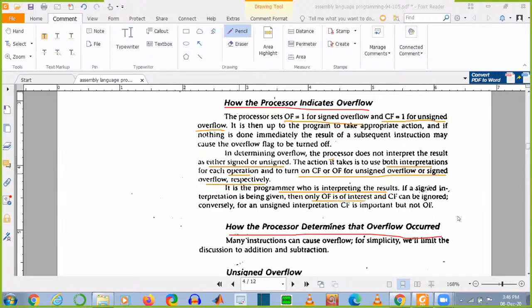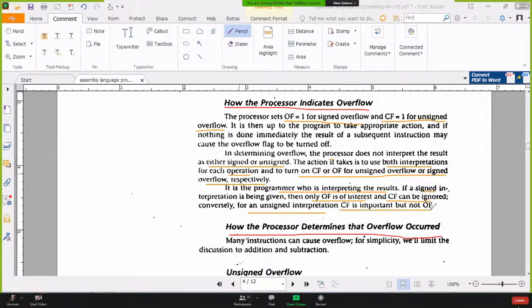If you consider only the signed overflow, then you only look at the OF overflow flag, and CF can be ignored in that case. Conversely, for an unsigned interpretation, if you only take account of unsigned overflow, then CF is important but not OF, because OF is for signed overflow.